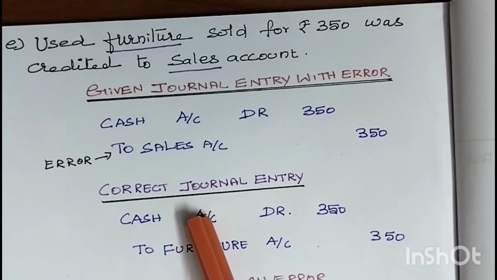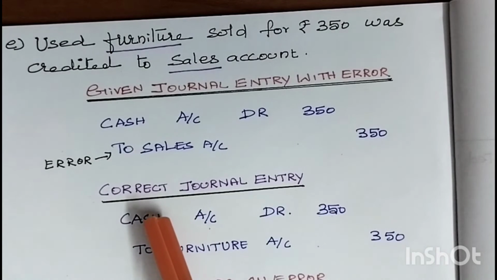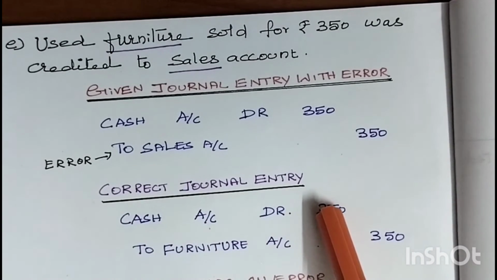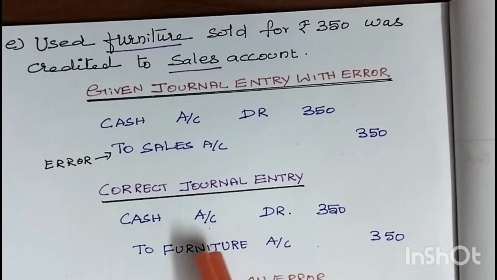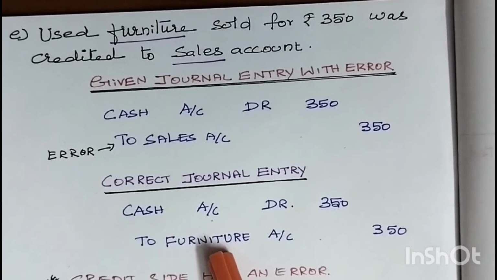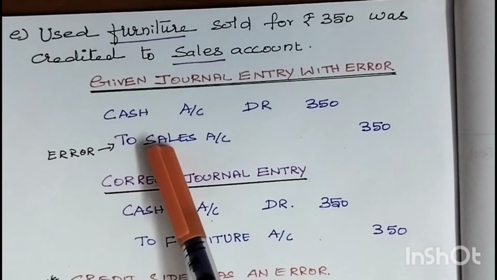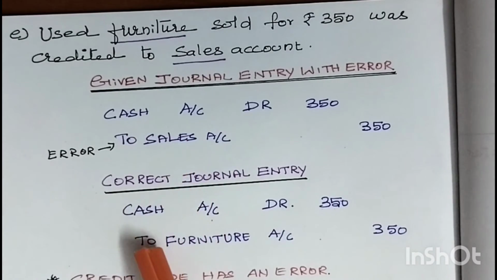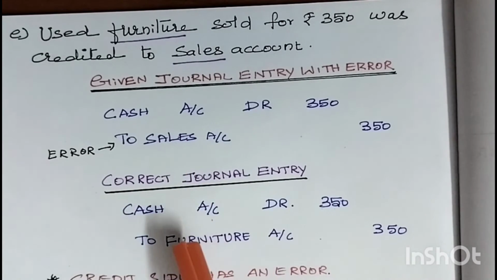Whenever your cash account increases, you debit the cash account. So cash account debit to furniture account. You have to write the name of the asset. When you sell goods only, you write the sales account. When you sell an asset, you write the name of the asset account.